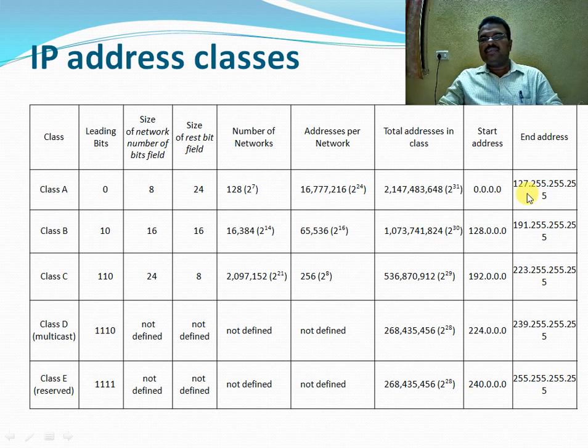The end addresses are: class A 127.255.255.255, class B 191.255.255.255, class C 223.255.255.255, class D 239.255.255.255, and class E 255.255.255.255. So these are the comparisons among all the class A, B, C, D and E IP address classes.